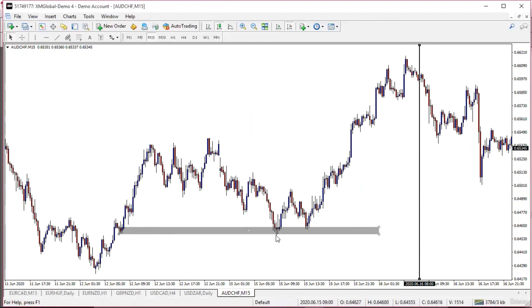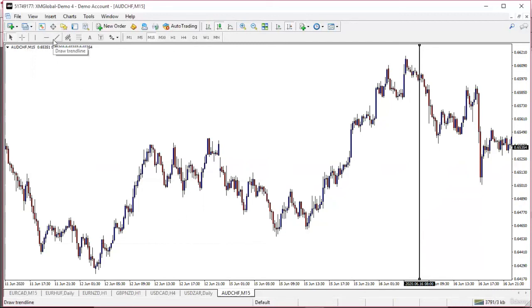Maybe you have to push up one pip or less. It's actually 2 pips. And then it had to break the neckline first. Close above the neckline. So you could go to entry point a little bit earlier, or you could wait for that retest.